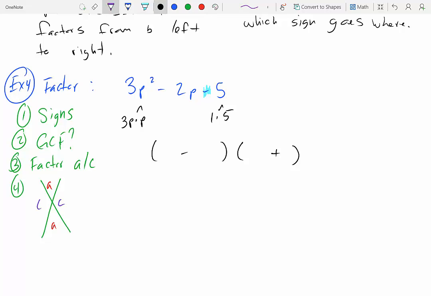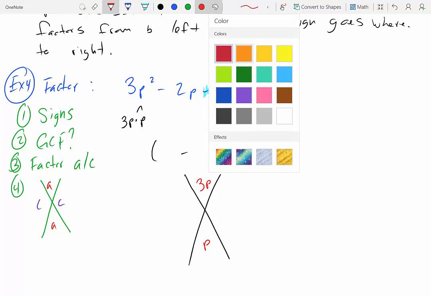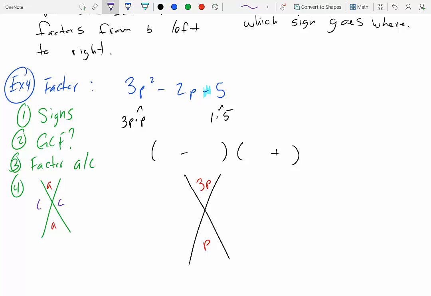So let's draw our X. We're going to select one set of factors from each A and C. So for A, we only have 3p times p. There's no other set of factors. So we're going to pick that, 3p and p. And for C, we only have one set of factors, 1 and 5.